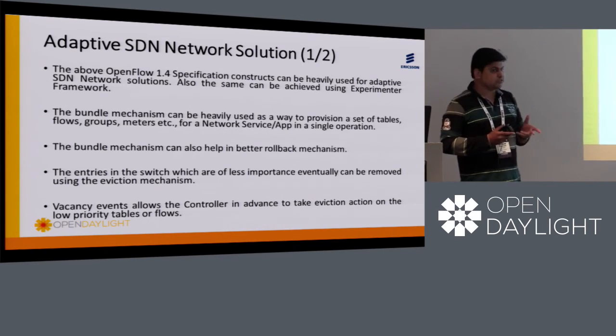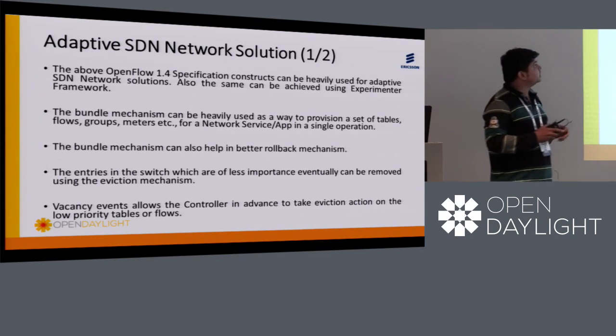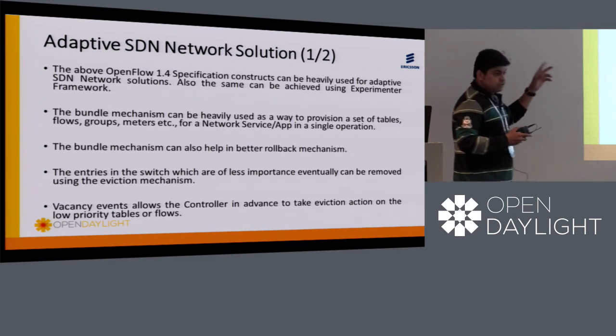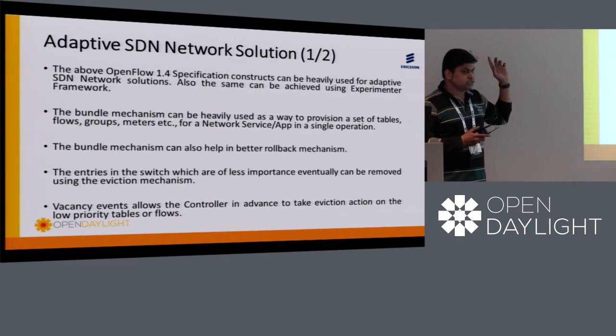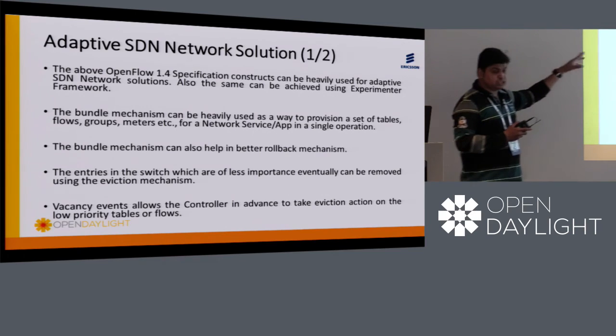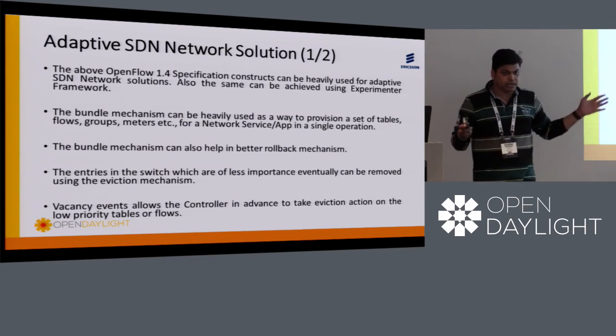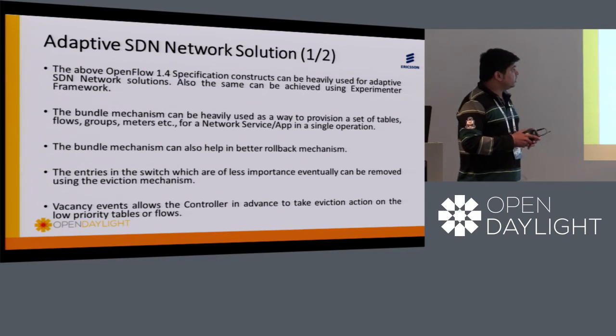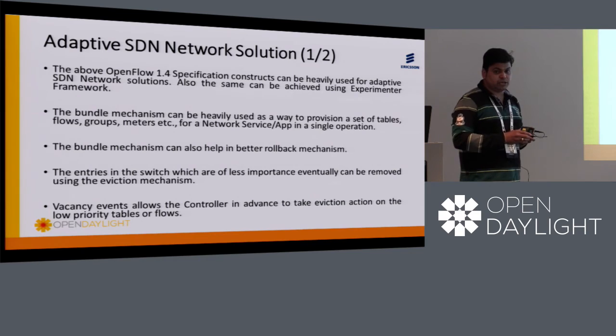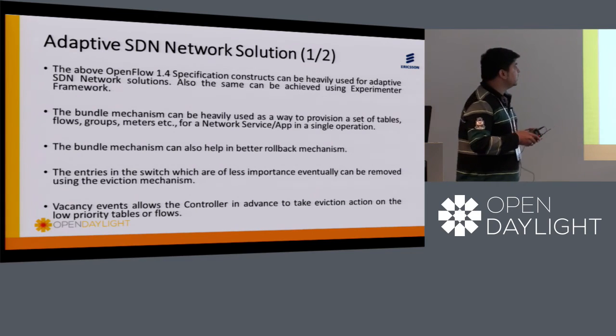So how do we use these enhancements from 1.4 to make the network more adaptive or optimized? We'll go back to our use case 1 and use case 2. Use case 1 is solved mostly by the bundle mechanism, where you don't rely on entire flows or a group. Rather, it's more application based: a particular application is rolled back or a particular application is a success.